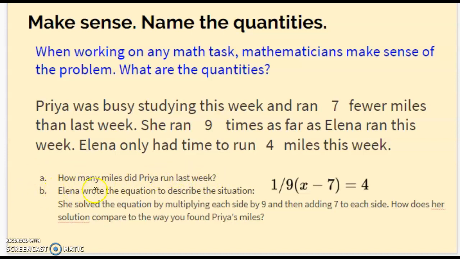Part B says, Elena wrote the equation to describe the situation, and asks how her solution compares to the way you found Priya's miles. In Part A, we have to find how many miles Priya ran last week. In Part B, we have to compare our method with Elena's method.